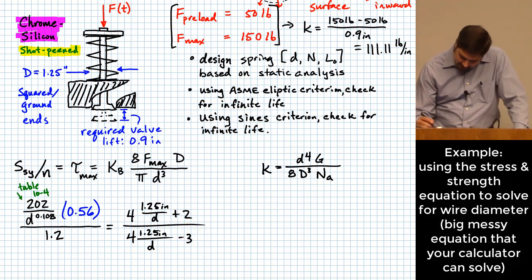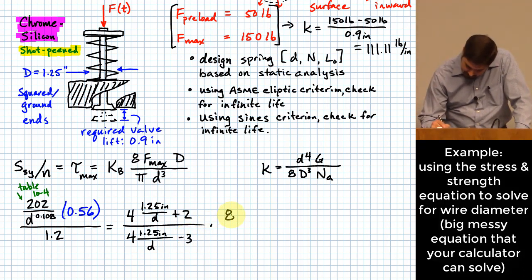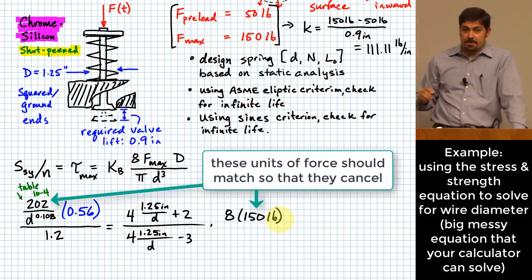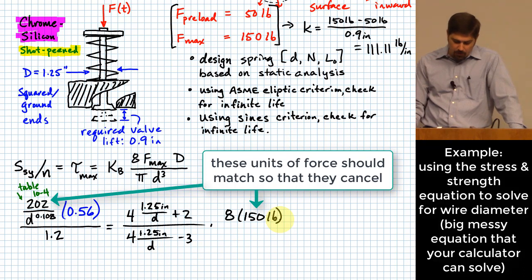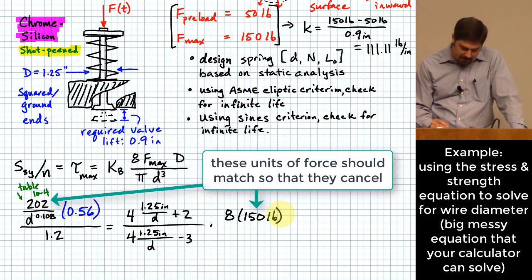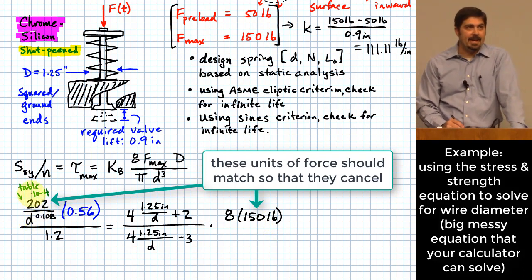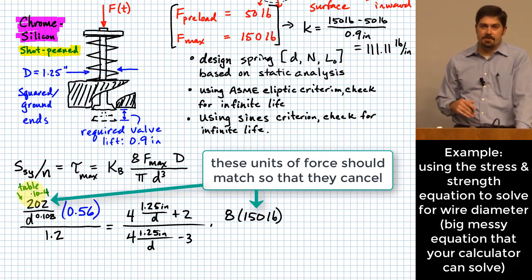All right, for the next step, I'll just put in 8 F max. Okay, what is F max? 150 pounds. We got to do something there. We probably need to convert it one direction or the other. The suggestion was, does that need to be in kips because the left side of the equation is going to be in KSI? So yes, we do need to do a conversion on either one side or the other of this equation.